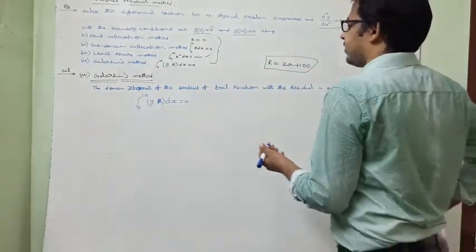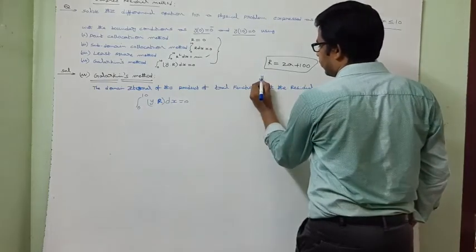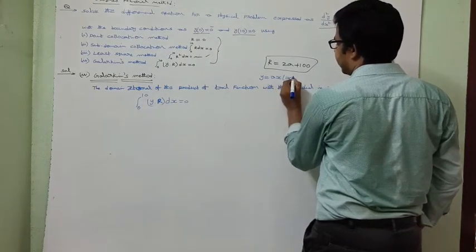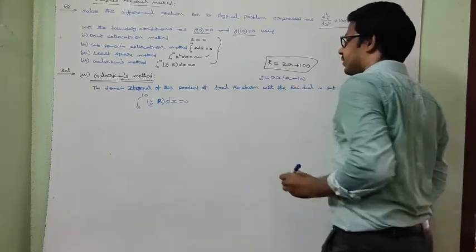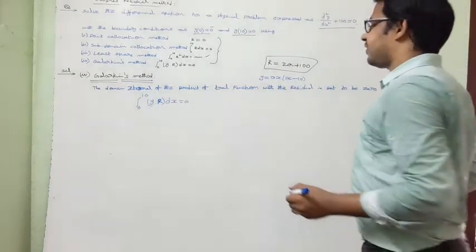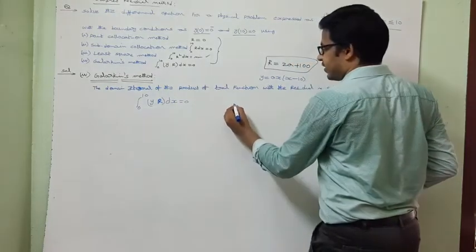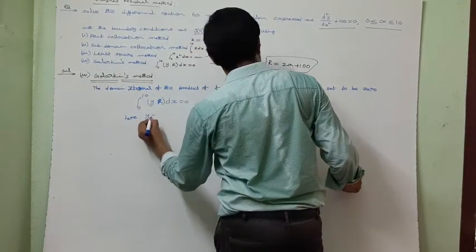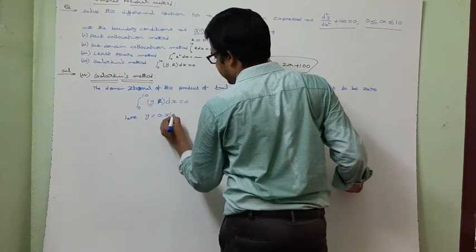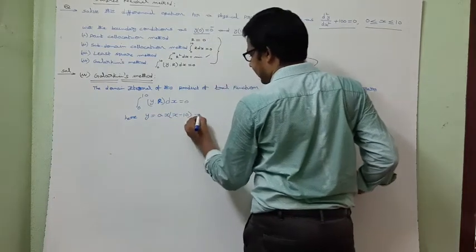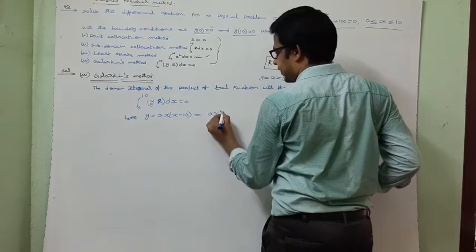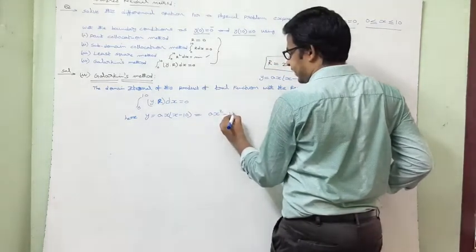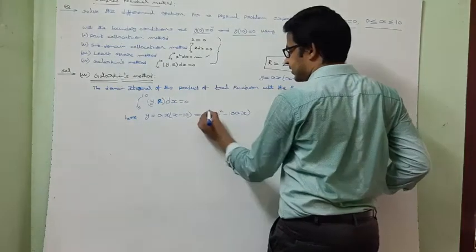So what is the y value? Here y is equal to ax of x minus 10, that equals ax square minus 10a into x.